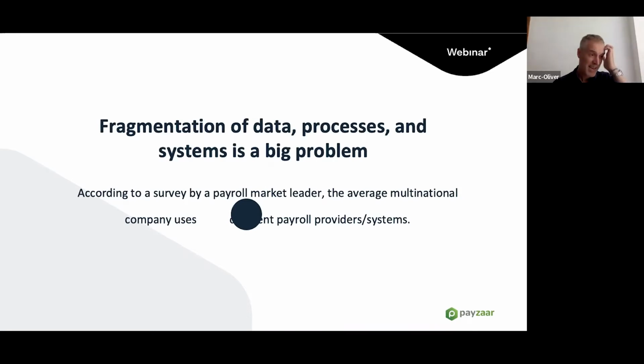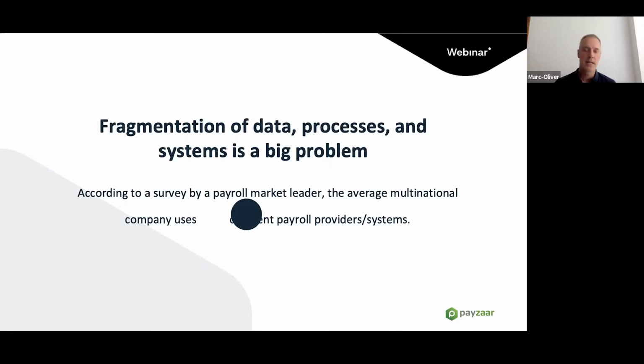And so when you start operating across borders, you will almost inherently end up having to work with lots of different local systems. Even the big global payroll players that have been building global payroll solutions for decades all operate with specific local payroll solutions. So there's no single global payroll calculation platform that can process payroll in every single country.